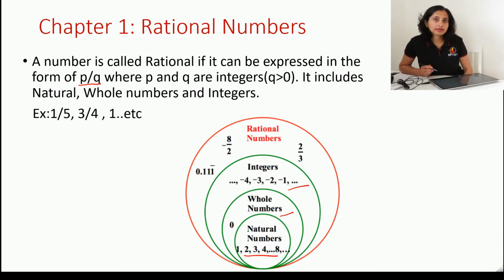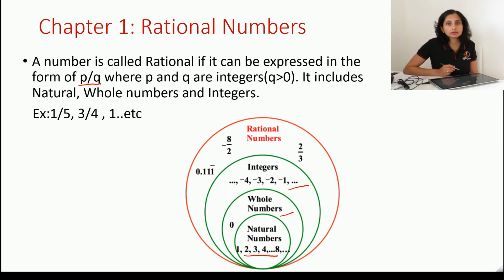So what are the examples of rational numbers? Yes, 1 by 5, 3 by 5, 0, minus 1, or 0.11, 0.23, like that, are all examples of rational numbers.